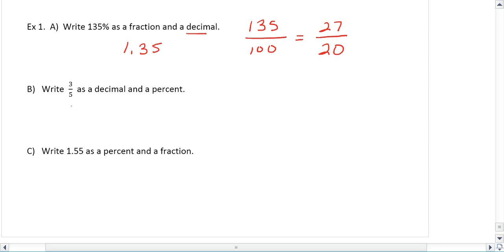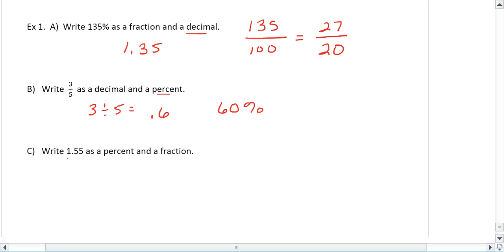If we're given a fraction and asked to write the fraction as a decimal, remember earlier we learned that we divide 3 divided by 5. So if you punch that in on your calculator you would get 0.6. And then if we're asked to write that as a percent, we multiply by 100, and that would be 60%.